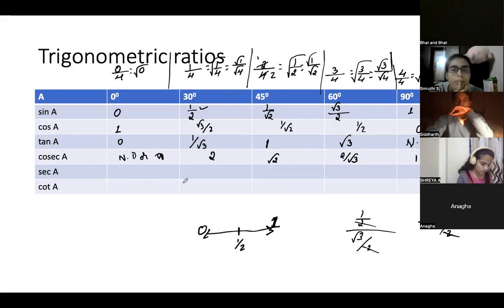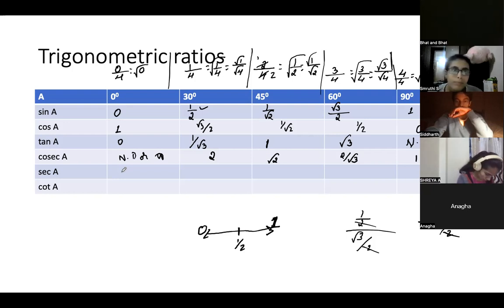Got it? Next. Secant. Now, will you people write it? You understood, right, how to do it? So, first column, if you remember, all the others are very easy. So when you get your question paper, or as soon as you get your answer paper, write this column in some corner and keep.